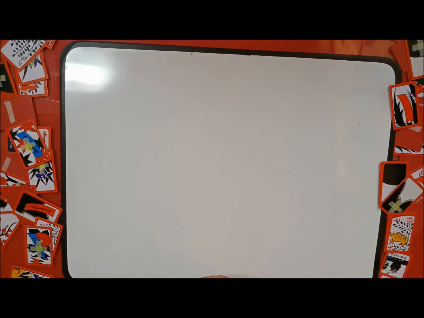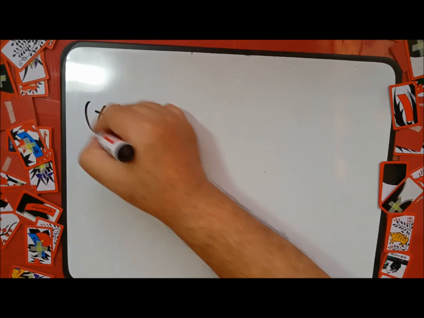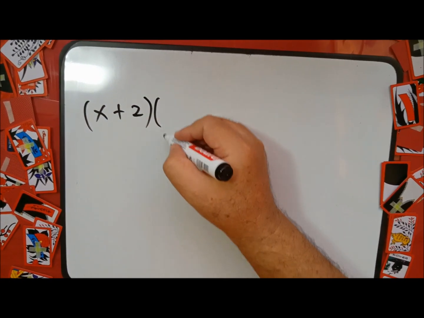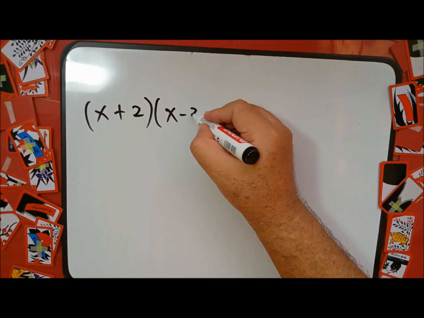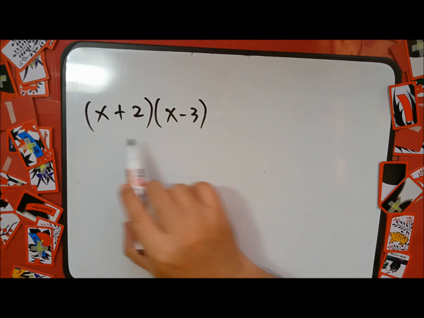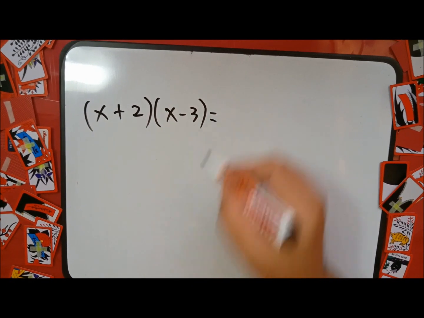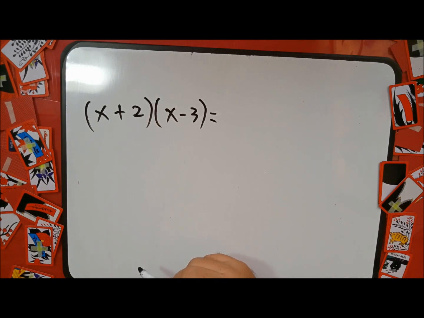Okay, let's try binomial by binomial. Let's try this one. x plus 2 times x minus 3. Two terms. Binomial, binomial. Now, how will you multiply binomial by binomial?